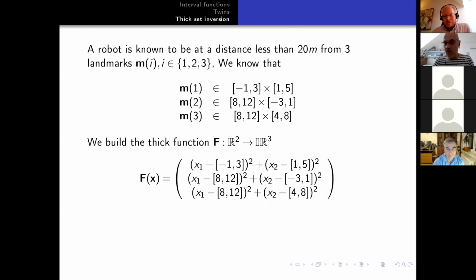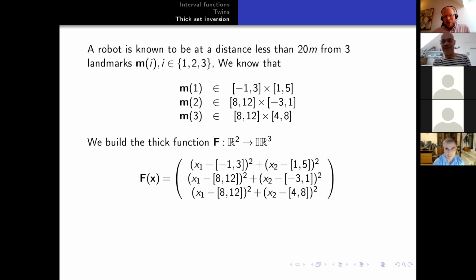For this, you will have to use thick interval arithmetic, or if you want, twin interval arithmetic. Sometimes it's difficult to know what to call it, because the arithmetic is different. Some people want me to call it twin arithmetic, and sometimes I would prefer to say that it is something different, and maybe call it thick interval arithmetic. Okay.